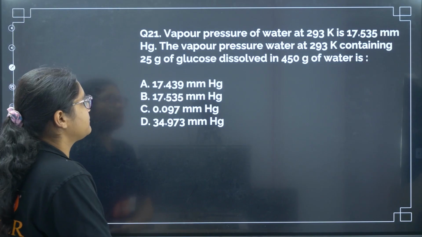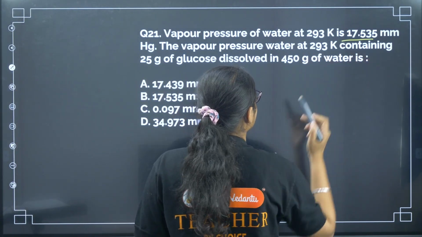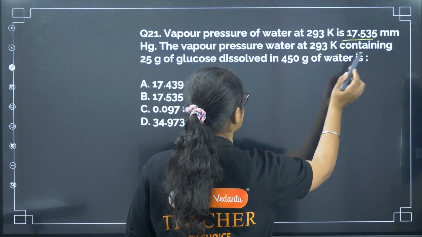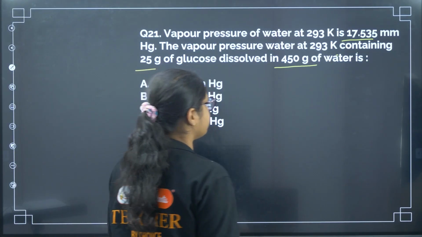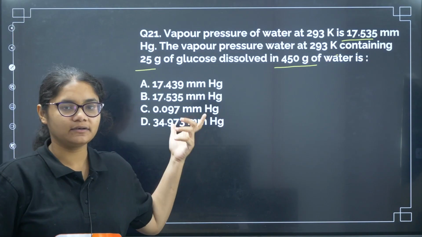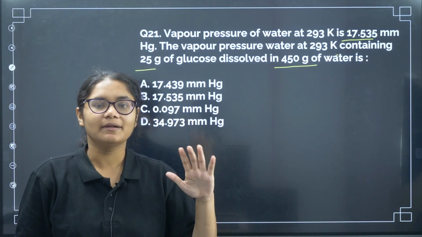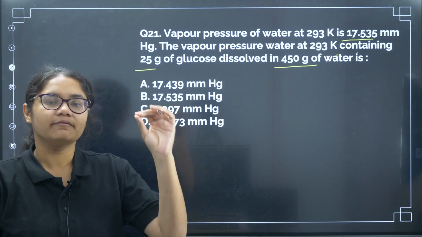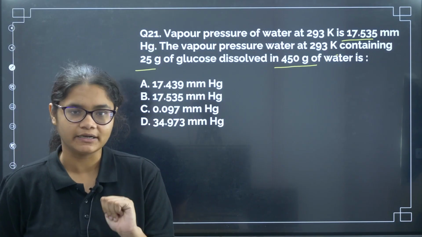Next, the vapor pressure of water at 293 Kelvin is 17.535 mm Hg. The vapor pressure of water at 293 Kelvin containing 25 gram of glucose dissolved in 450 gram of water is. For this question we have the relative lowering of vapor pressure formula to solve it, but even without it we can easily solve it. Whenever any solute is dissolved in a solvent, its vapor pressure will decrease, right?